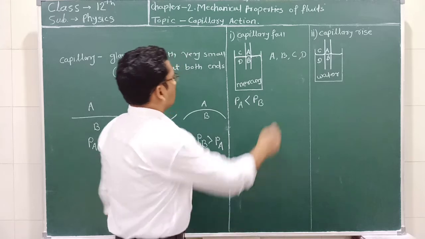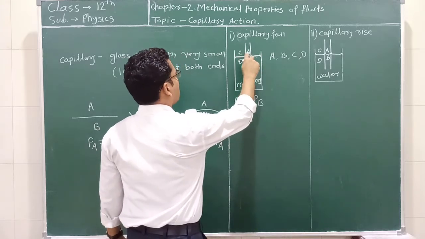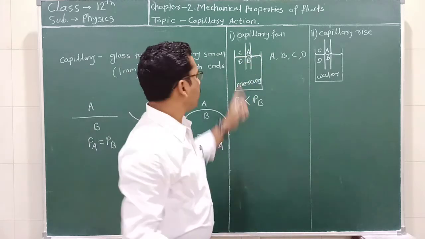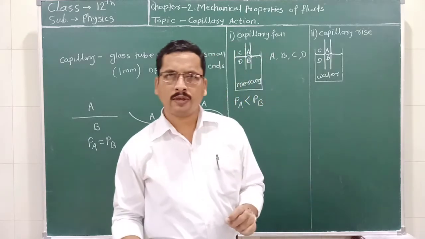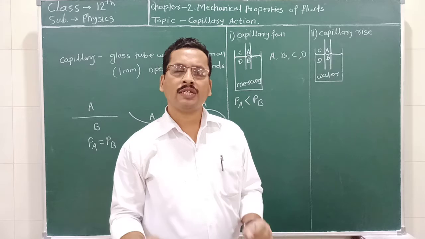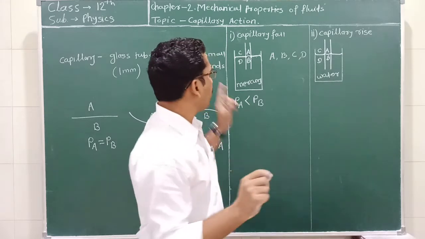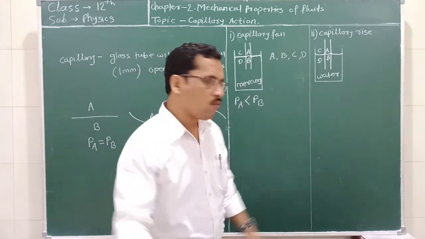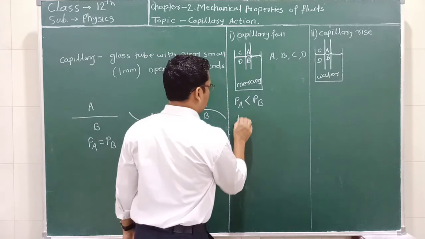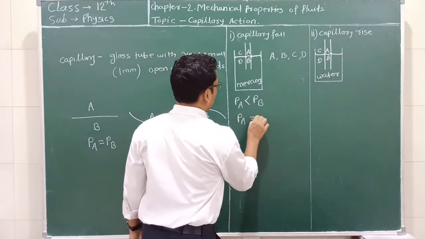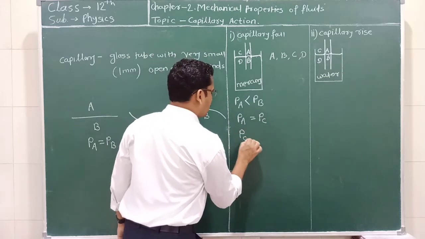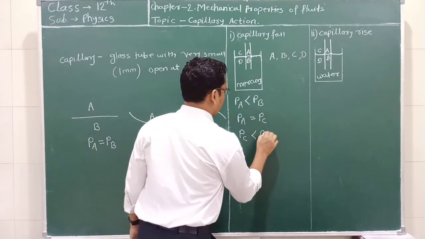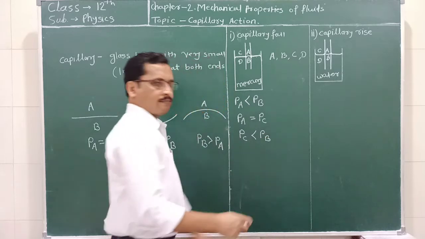Now, let's see point C and point A. Point C and point A both are in the atmosphere. So, the pressure applied at points A and C will be equal. So, we can write here PA must be equal to PC. So, we can write here as PC is less than PB. Easy.